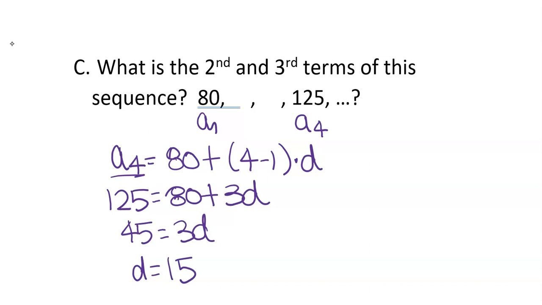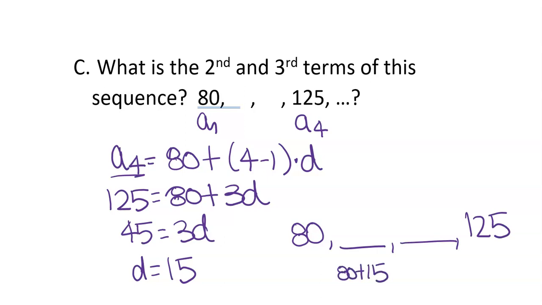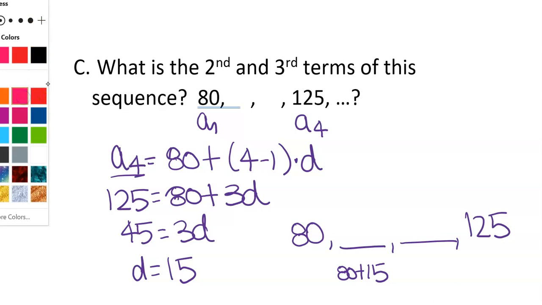So this is an increasing sequence. So you're going to add 15 to every term. So the first term is 80. The second term we don't know. The third one we don't know. We're going to know very shortly. So 80 plus 15 would be 95.